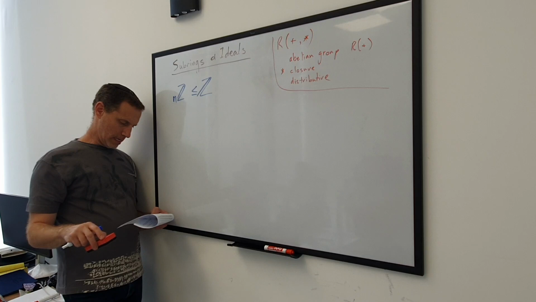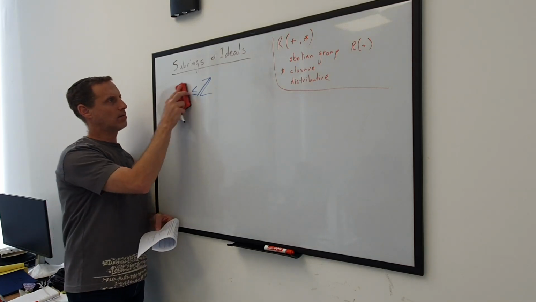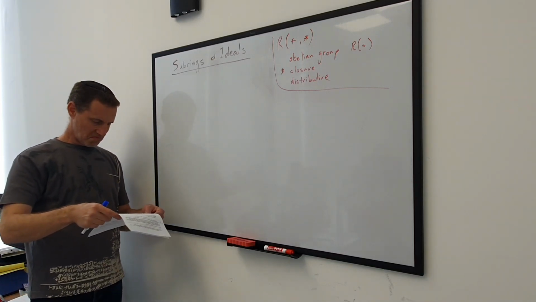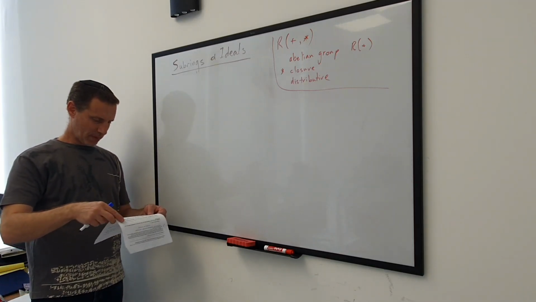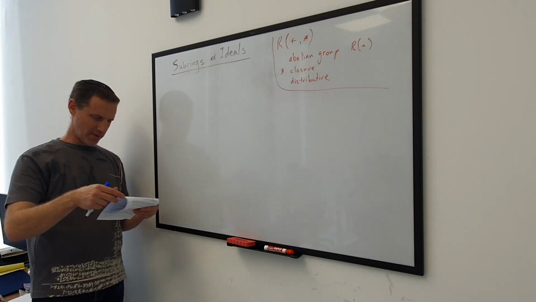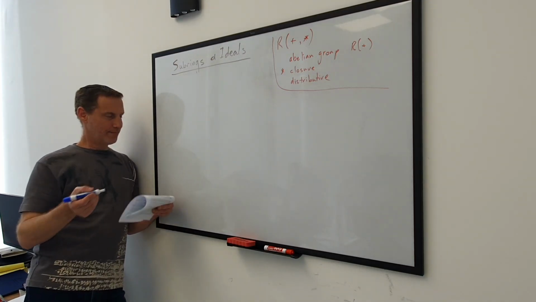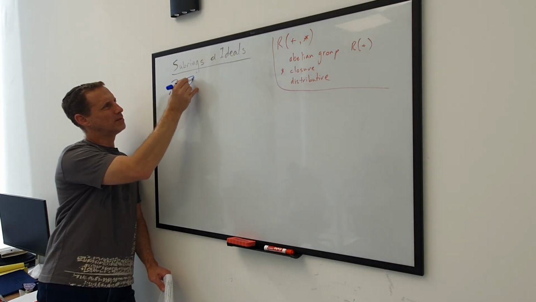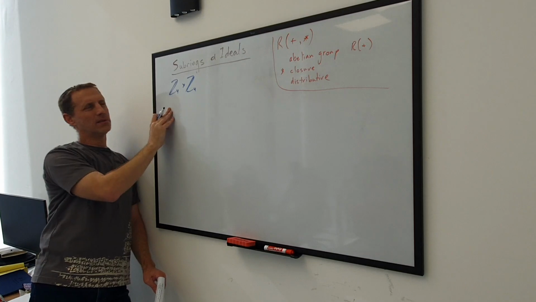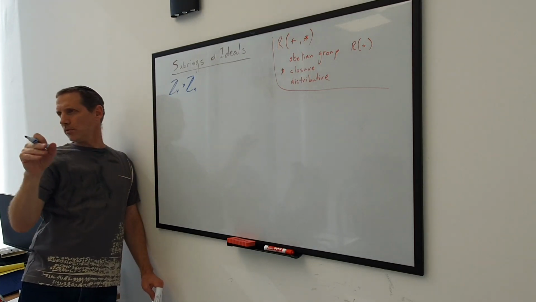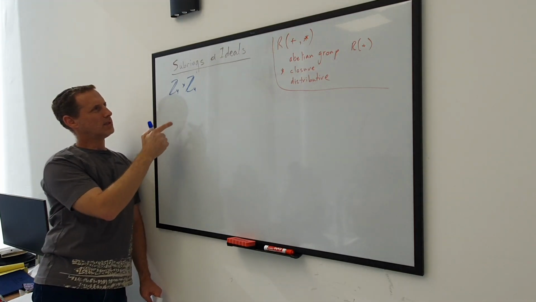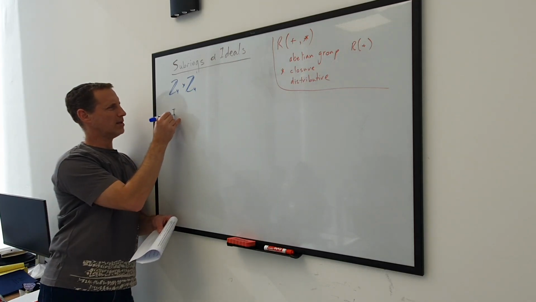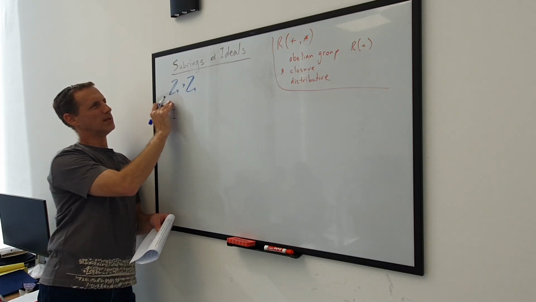Let's look at, I don't know if this example is so interesting, but let's look at it anyway. Look at Z4 times Z4. Z4 is modulo 4: 0, 1, 2, 3. So Z4 by Z4 would be the ring.